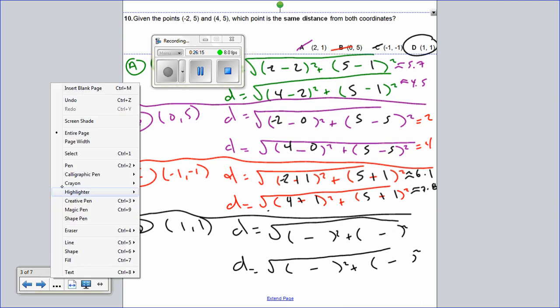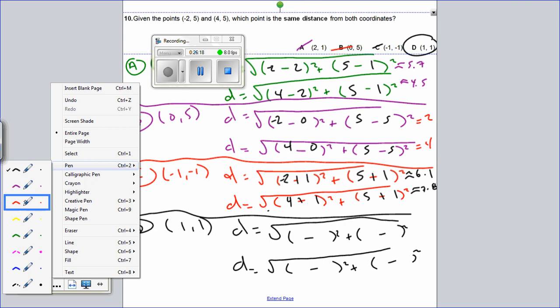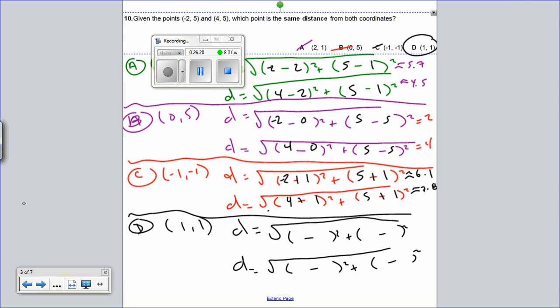Okay. So -2 minus 1 for the first, and 5 minus 1. And then 4 minus 1 and 5 minus 1 again. Now let's grab our calculator.